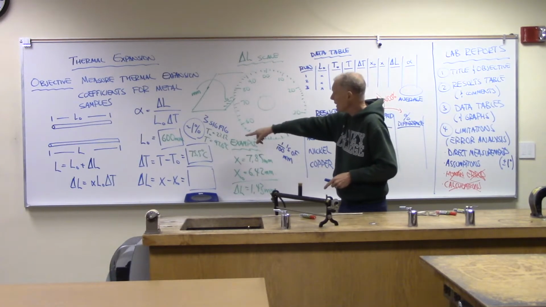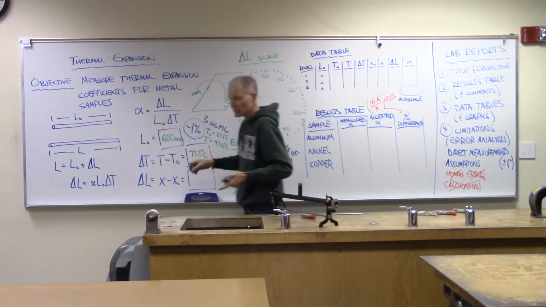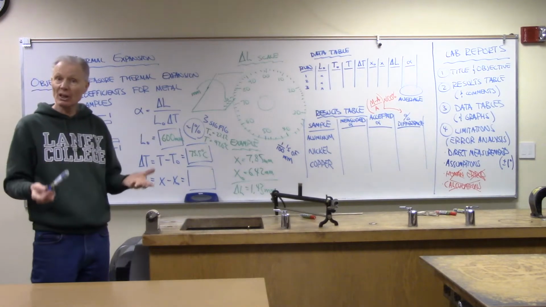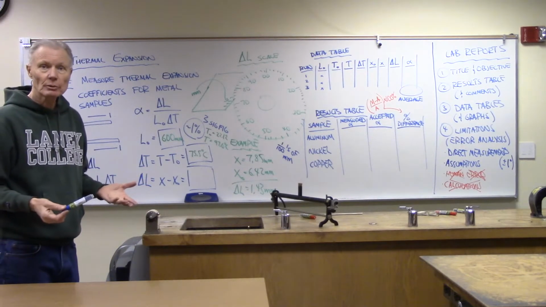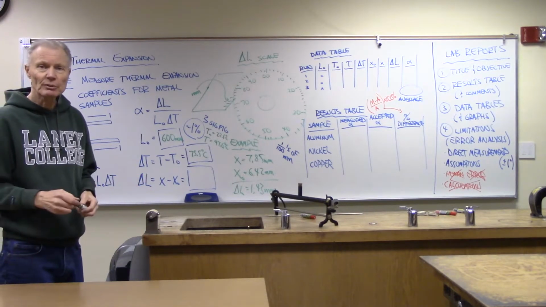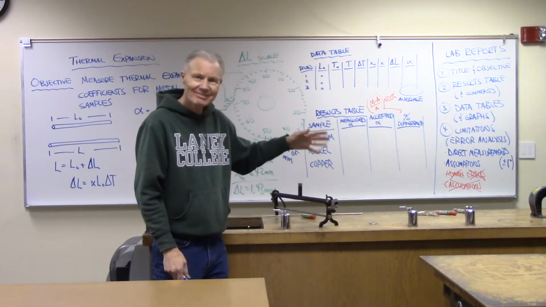And if I'm going to maintain 3 significant figures of reliability, of precision or accuracy, I'm going to need to be able to measure down to hundredths of a millimeter. So at first thought, I would think that's a pretty difficult measurement to make, and it is, but this actually makes it doable.